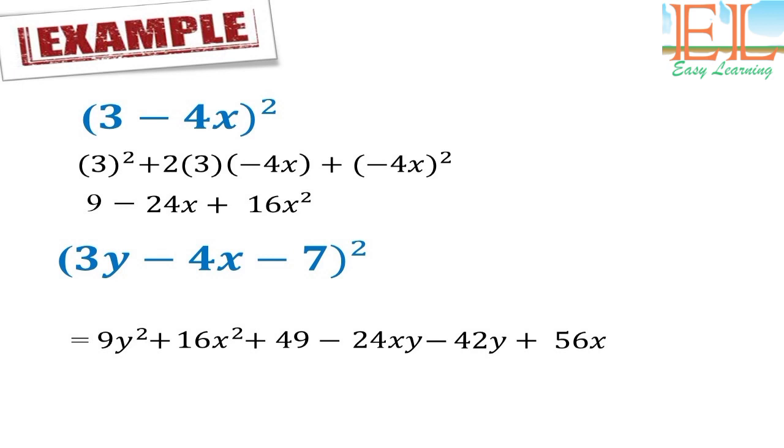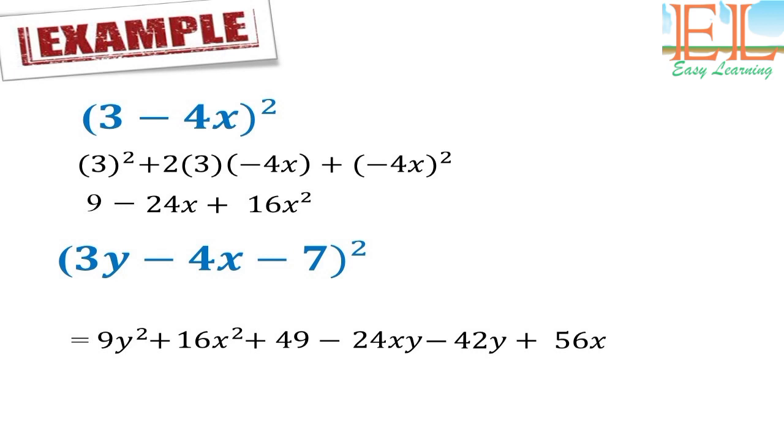That will give me 3 squared. Then 2 times the first term times the second term is 2 times 3 times negative 4x. Then finally, I take the second term, then I square it. Negative 4x all squared. Now simplifying this, I'll get 9 minus 24x plus 16x squared. Easy.